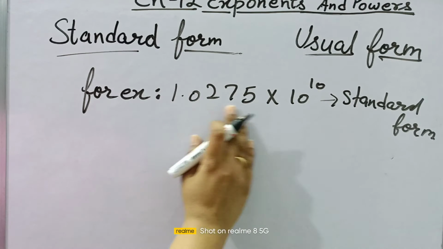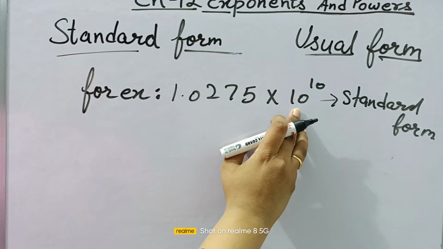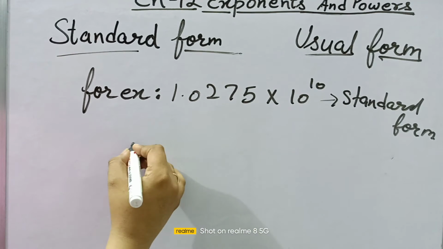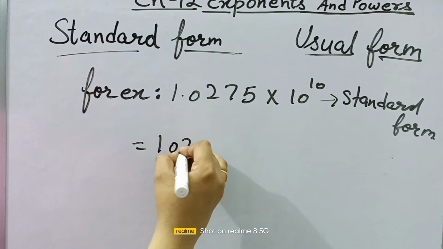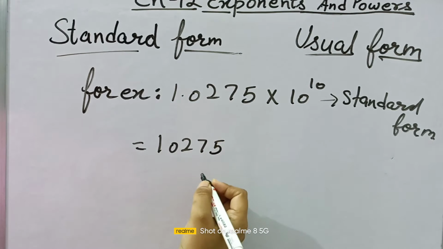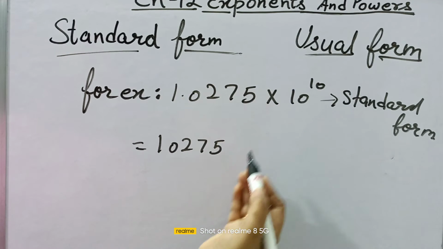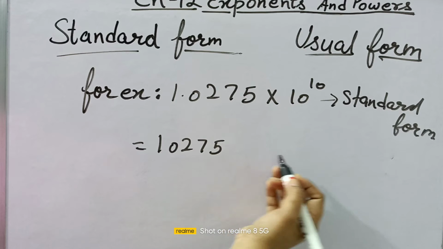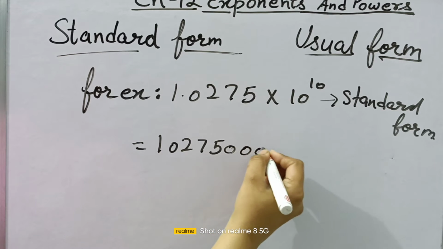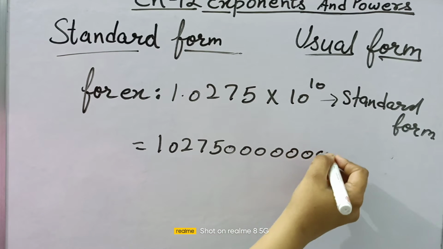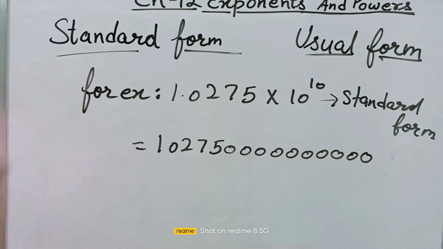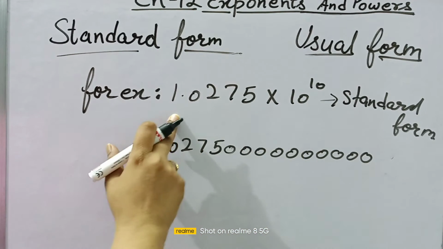We will simply multiply this number with 10 raised to the power 10, and it will be. Now what is the meaning of 10 raised to the power 10? We have to write 10 zeros here. Right, this is the simplification of this number.